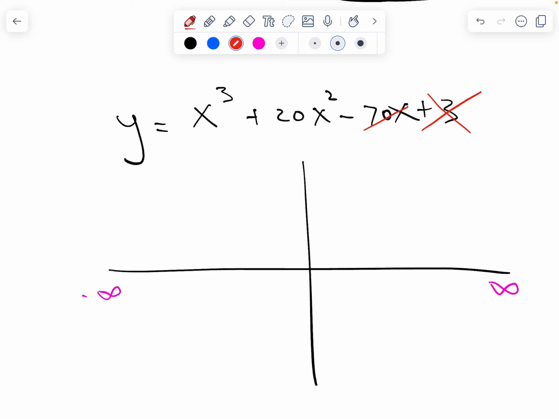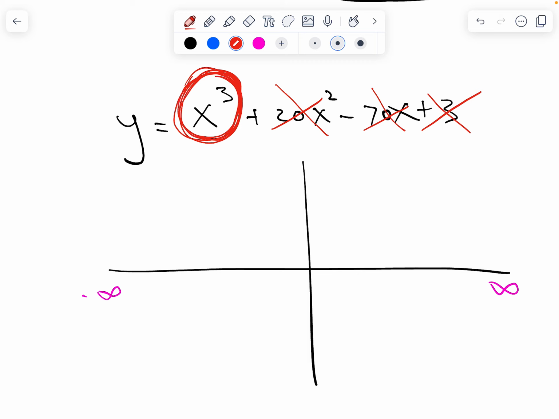And for the same reason, this is going to be really small, and this even is going to be really small. The thing that's going to be way bigger than everything on the extremes is x cubed. And so that means when we're considering the end behavior, we only need to consider the first term.